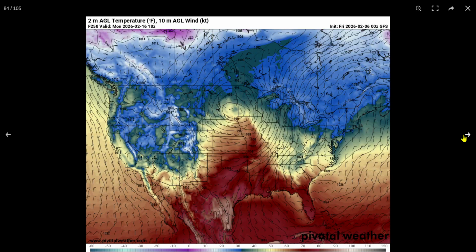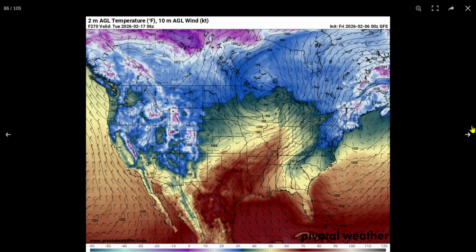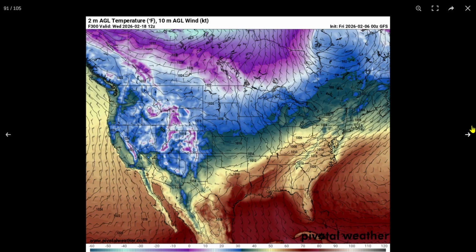And then we have this warmth start to push back east. You can see this low pressure system kind of took this warm front and the cold front, and this warm sector really starts to push way up north. You can see we have southerly flow, which means winds coming out of the south. And in this warm sector, you can see it's really pushing this warm air.